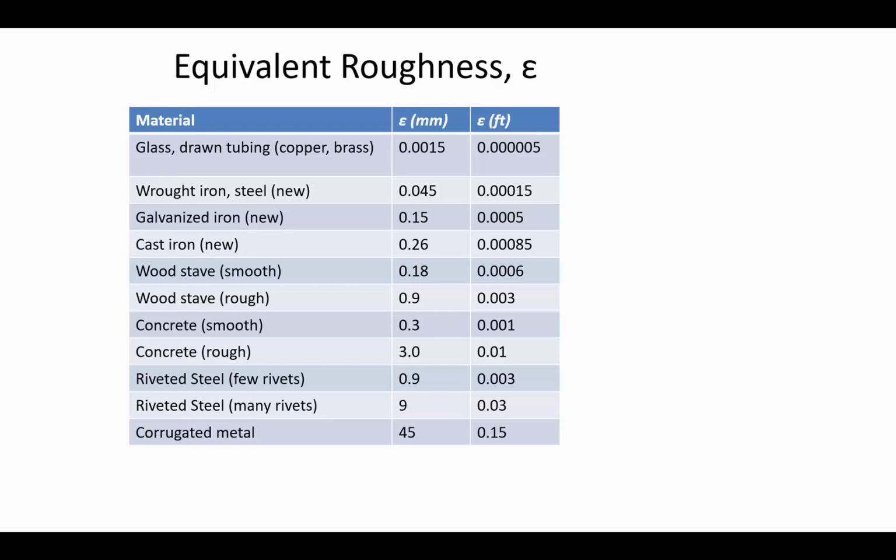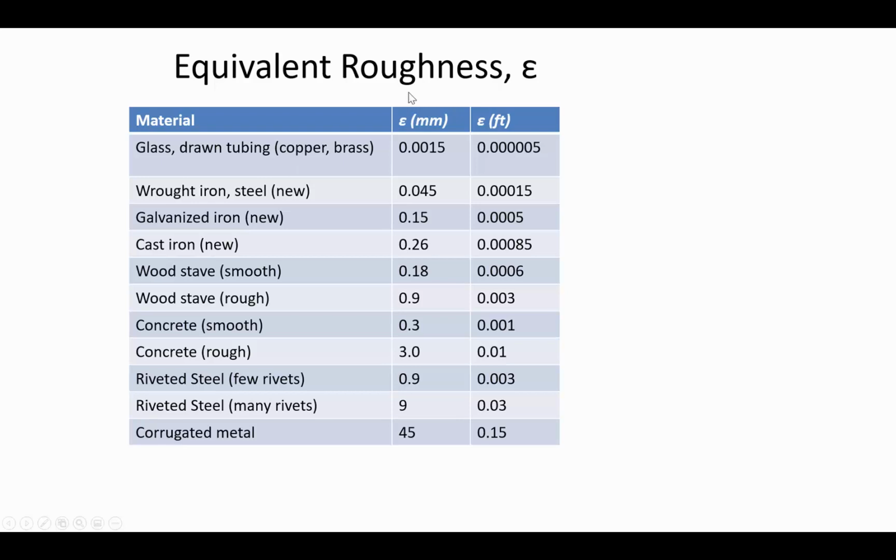But if we were going to glue some sand particles to a perfectly smooth surface, then to have the equivalent roughness of a cast iron pipe, the diameter of those sand particles would need to be 0.26 millimeters.